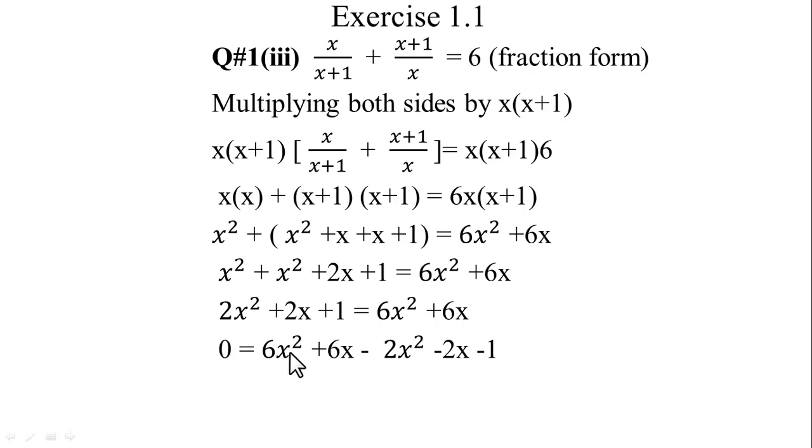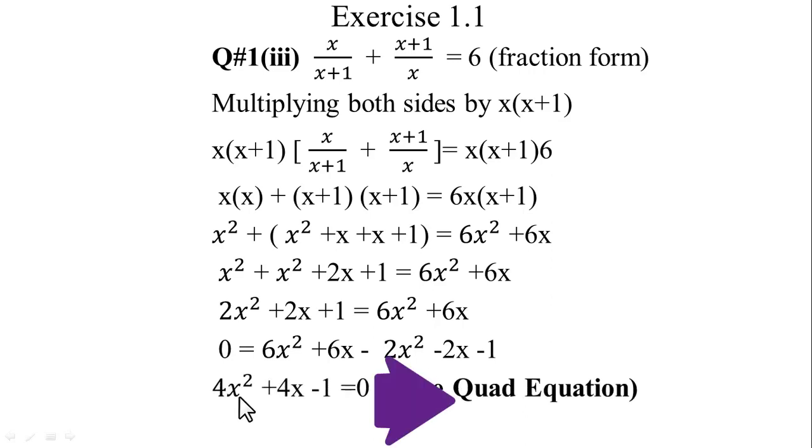Then 6x square plus 6x minus 2x square minus 2x minus 1. Now we solve this equation. 6x square minus 2x square is equal to 4x square. Similarly, 6x minus 2x is plus 4x, and minus 1. So the solution of this equation is 4x square plus 4x minus 1 is equal to 0.